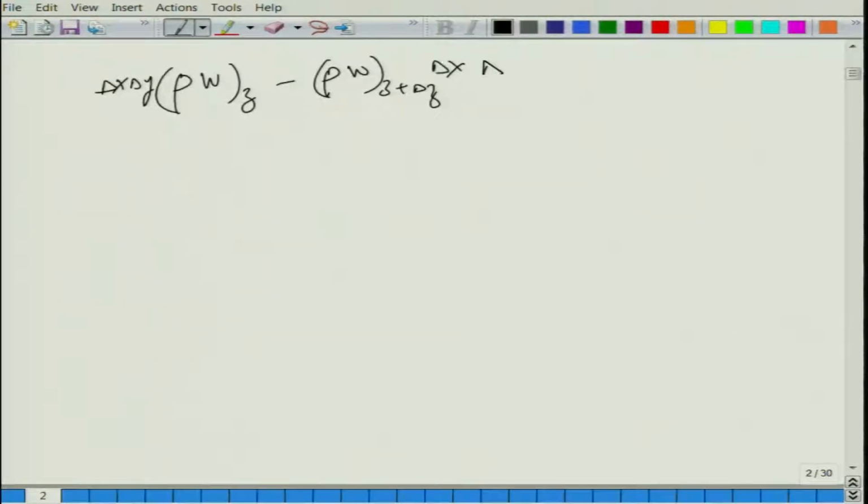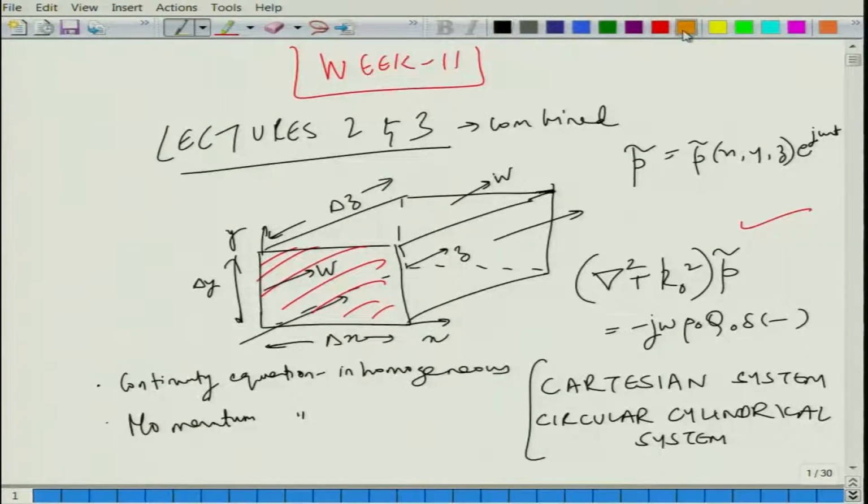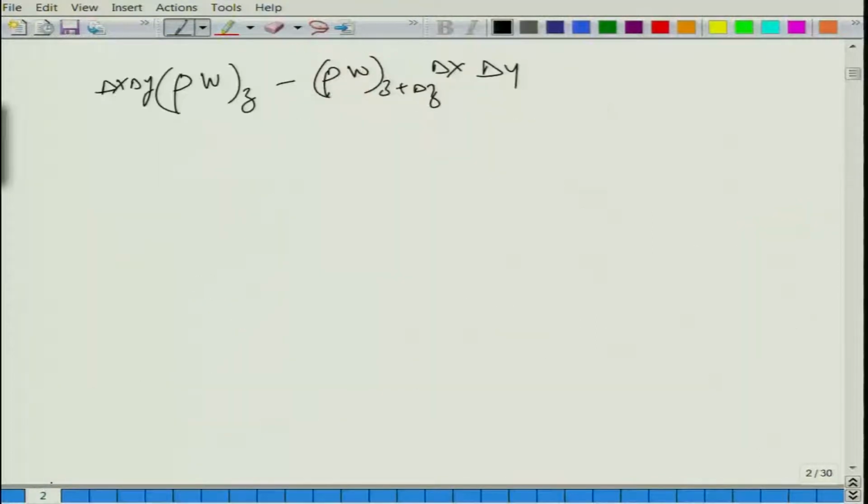Similarly, if you consider the face here, the mass flux that goes in here and leaves here, what is it? So, delta y, delta z. So, this will have a rho u term, because this is the x direction. So, delta y delta z rho u at x plus delta x.